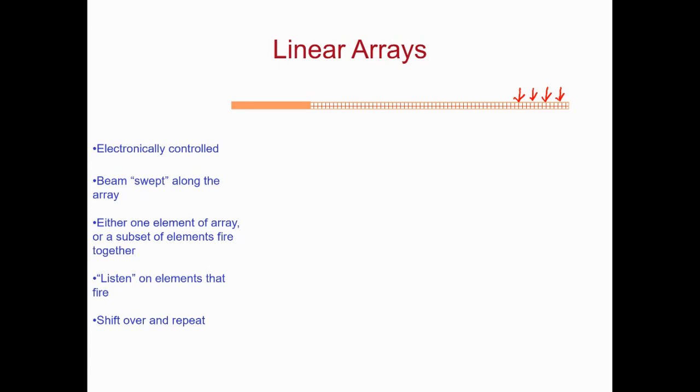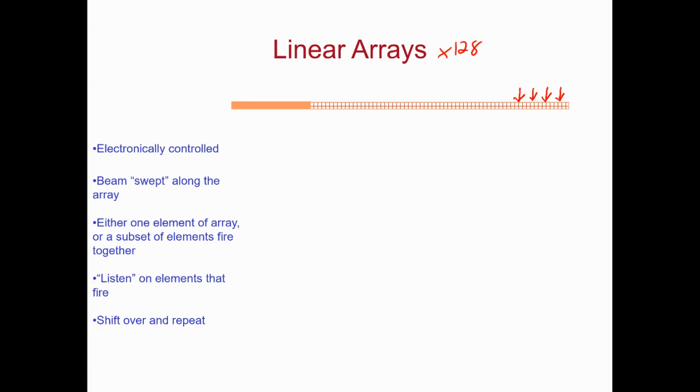You can control exactly when they fire and when they're listening. In a linear array you have any number of transducer elements, maybe 128, something like that. It's a lot, more than 2. So the picture's kind of accurate. It's not 2, it's not 4. It's maybe 100, 200, something like that. And you control when they fire.